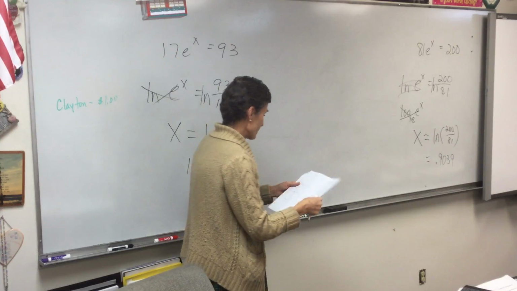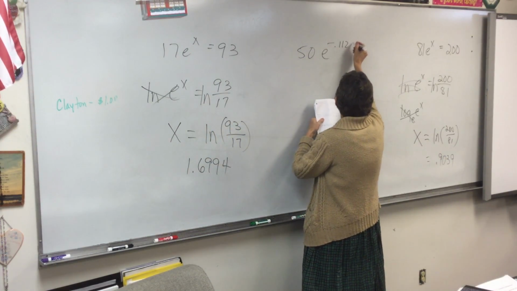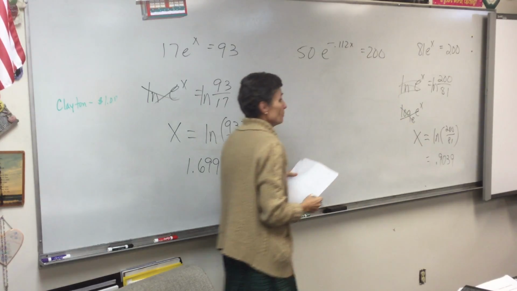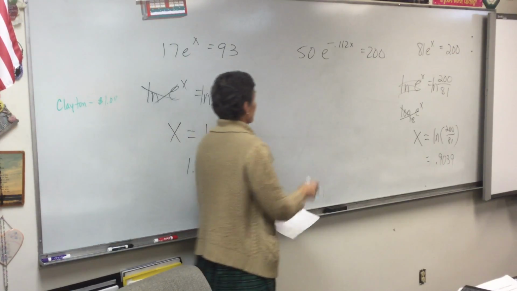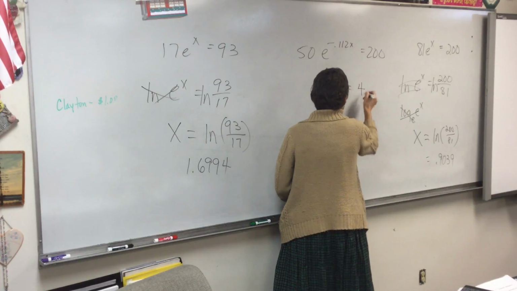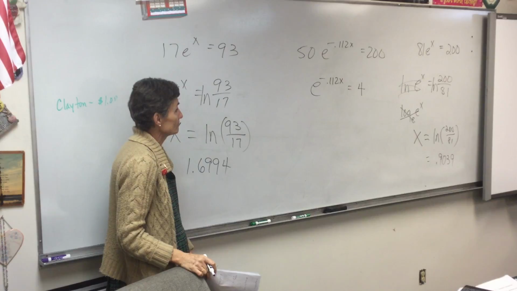All right, now we're ready for the next page. So how do we start? Kids, I don't care how scary the problem looks, they're always easy, especially if they have e's. Divide by 50. That goes in evenly, so I can go ahead and just say 4, right?